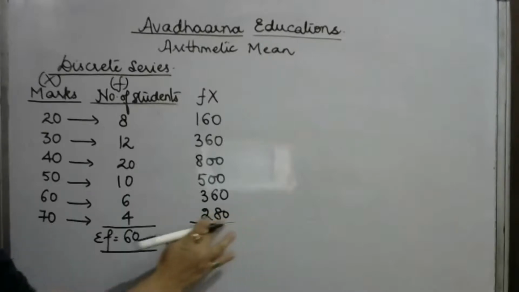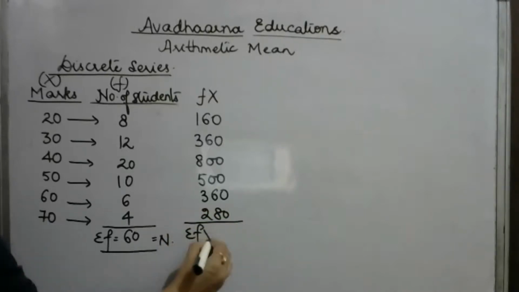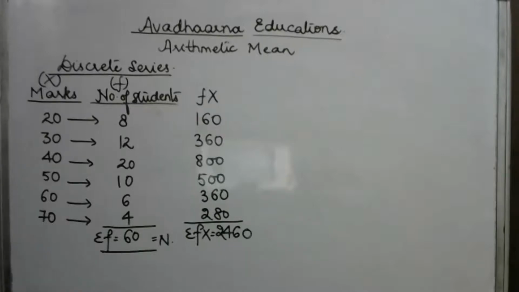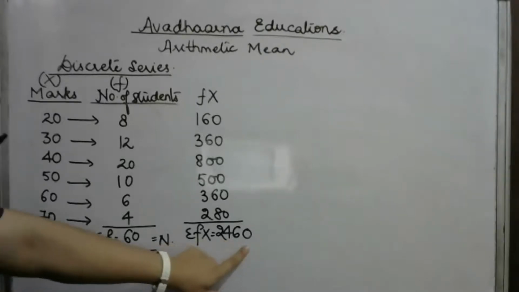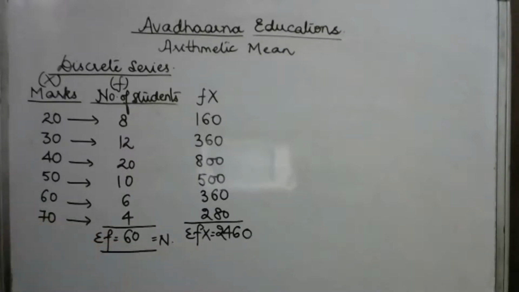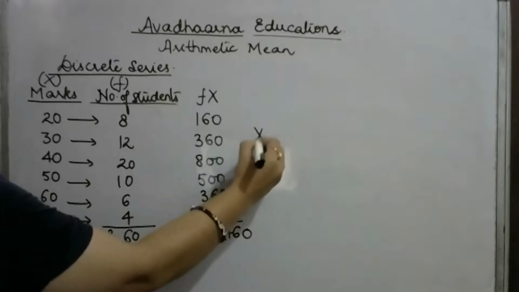Now let's calculate the summation fx. So we have got 2460 as summation fx. Now let's apply the formula for calculating the arithmetic mean.